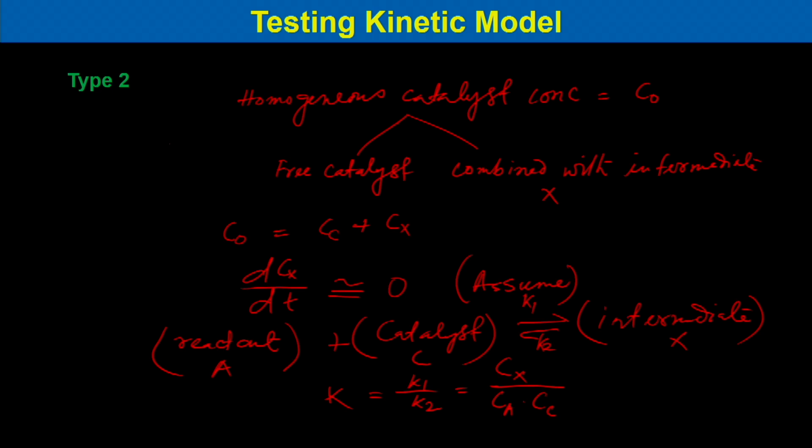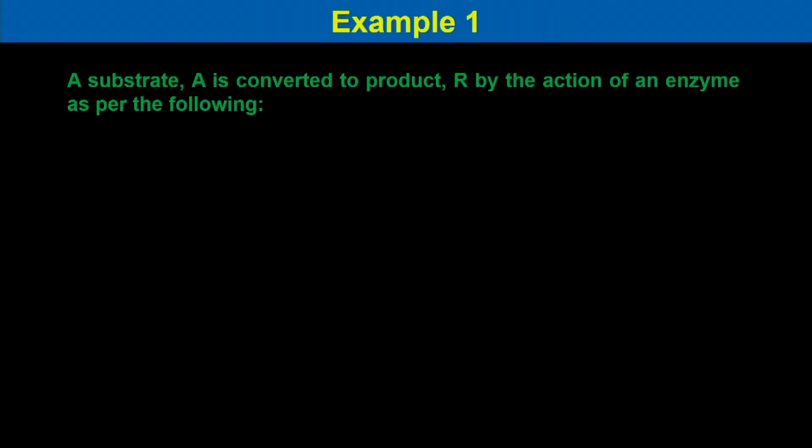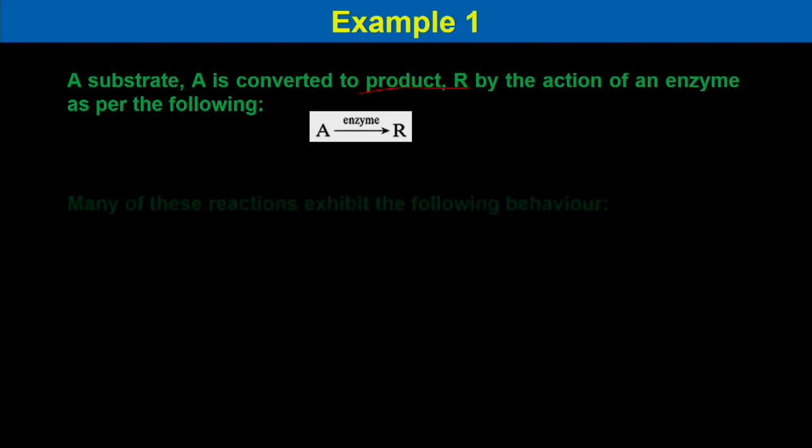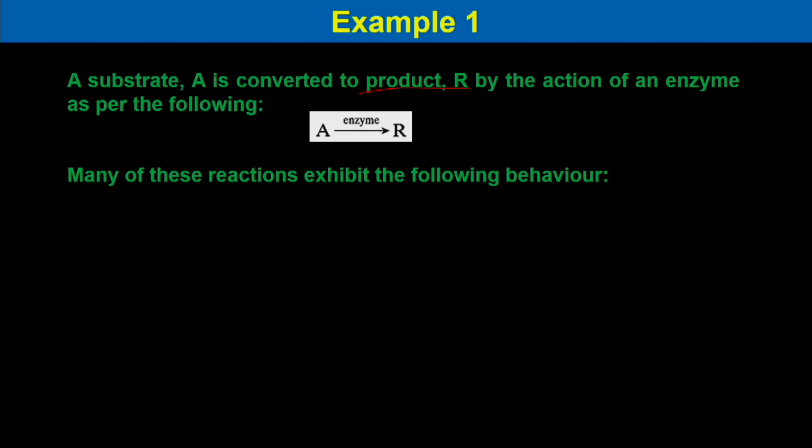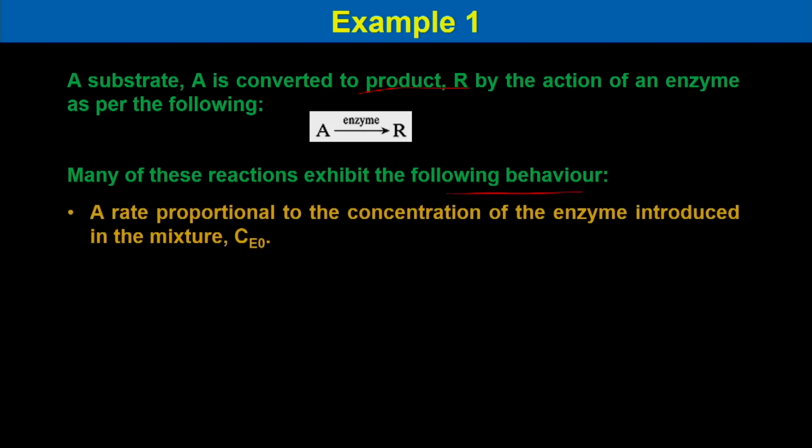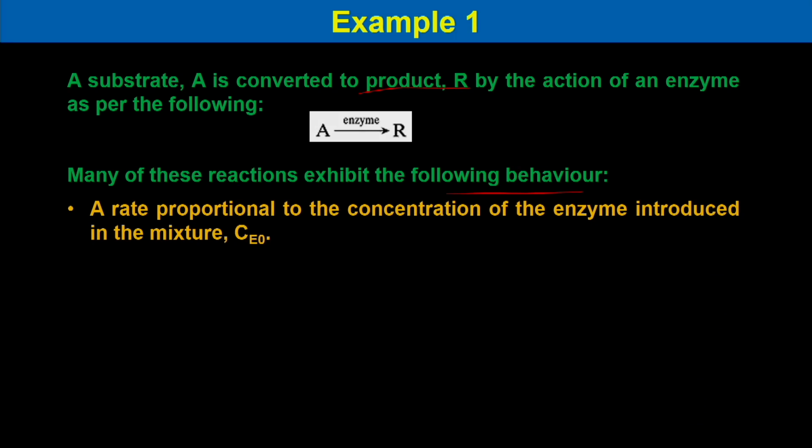Now, let us take an example to test this kinetic model of type 2. A substrate A is converted to product R by the reaction of an enzyme: A to R in presence of enzyme. Many of these reactions exhibit the following behavior: a rate proportional to the concentration of the enzyme introduced in the mixture, that is C naught.